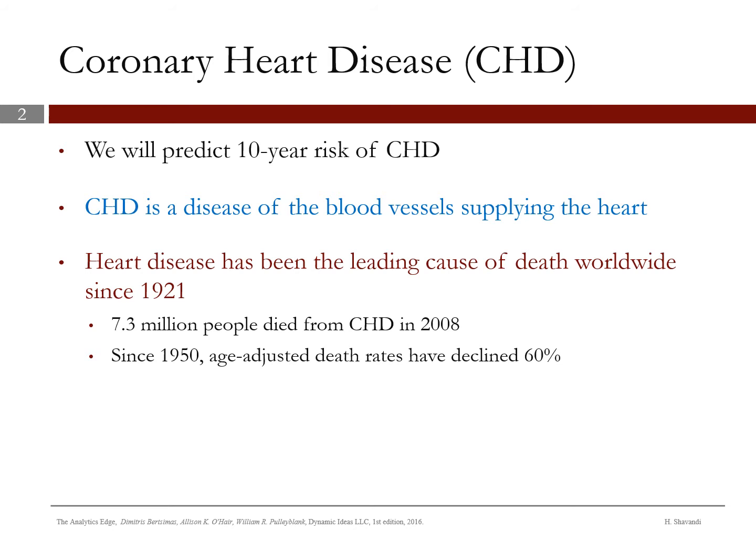So in the world, although we have a significant decline in the adjusted death rate, about 60%, unfortunately we still have a significant rate of death because of CHD. For example, in 2008, 7.3 million people died from CHD.